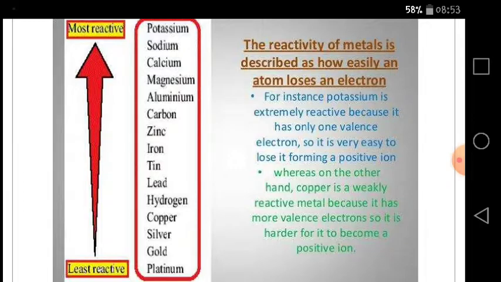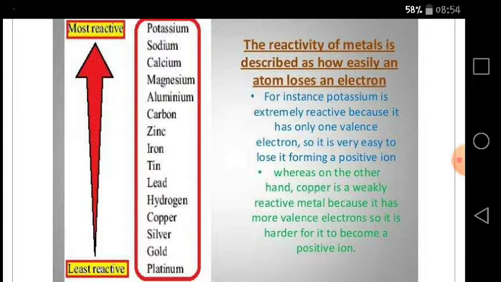For example, platinum, gold, silver, copper, hydrogen, lead, tin, iron, zinc, carbon, aluminum, magnesium, calcium, sodium, and potassium. These are the metals included in this reactivity series, except hydrogen and carbon. Hydrogen and carbon are just there to compare the reactivity of these metals with carbon and hydrogen.